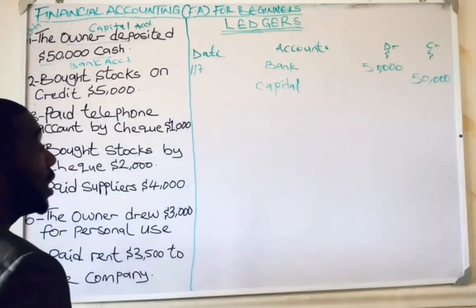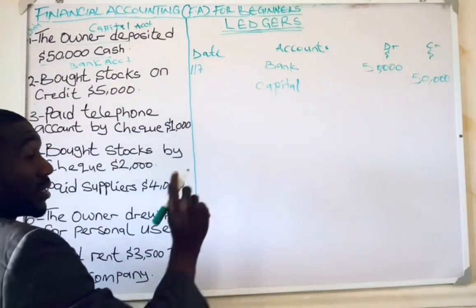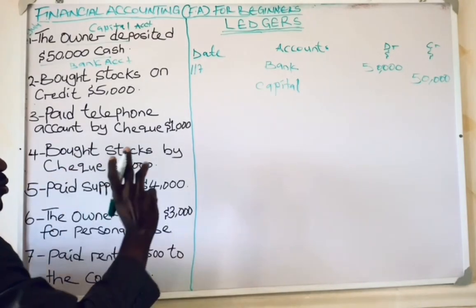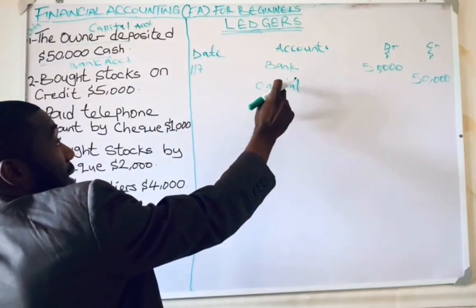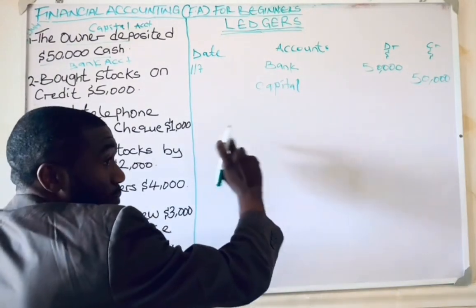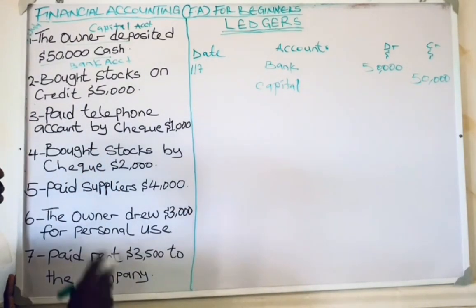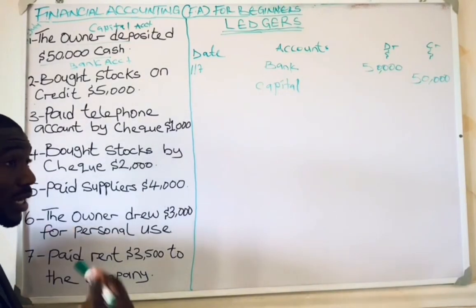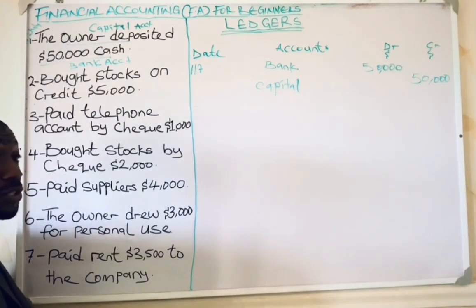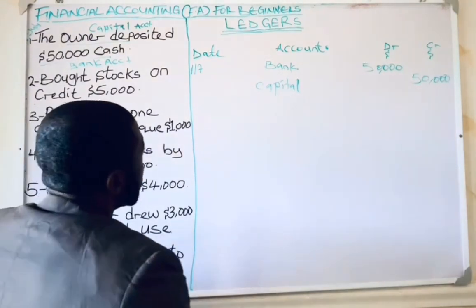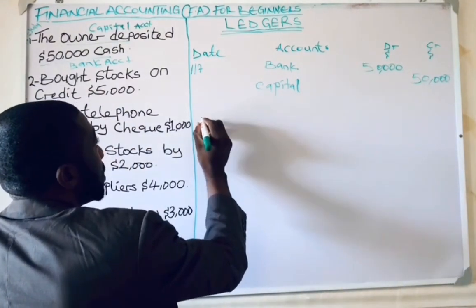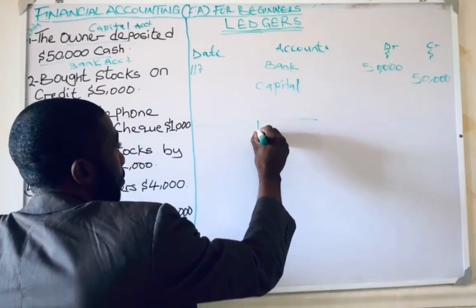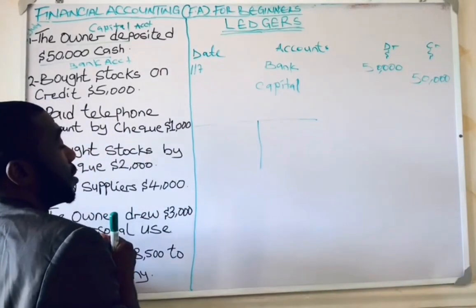So coming to ledgers now, a ledger is in the form of a T account, and two accounts will be opened for this, bank and capital. Separate T accounts will be opened for the two. One transaction has two accounts, just our double entry principle. Now, this is a ledger.